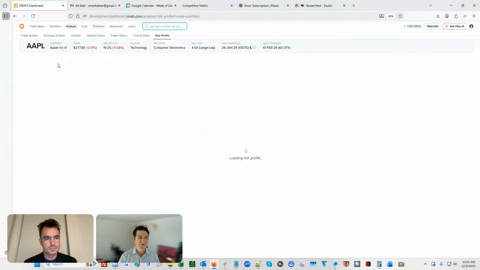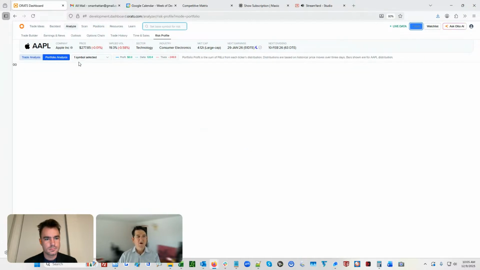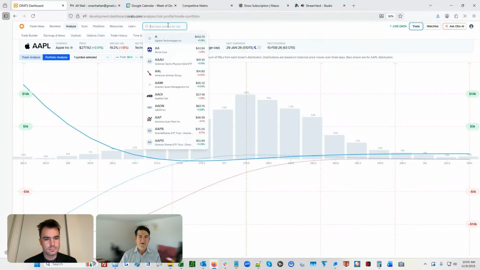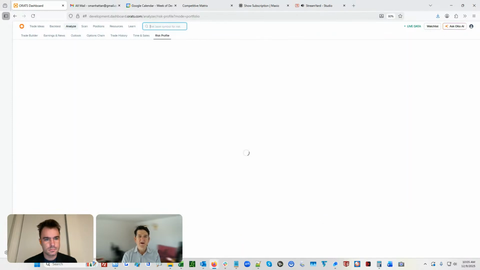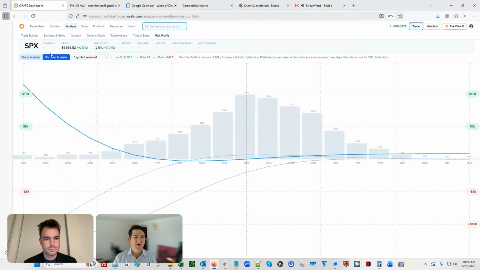All you have to do is click on the risk profile. We have Apple as the default. We'll change that to probably SPY soon, but you could set any symbol as your base risk symbol. So I'll set that to SPY or SPX. Let's look at what we're looking at here. There's trade analysis, but we're on portfolio analysis.